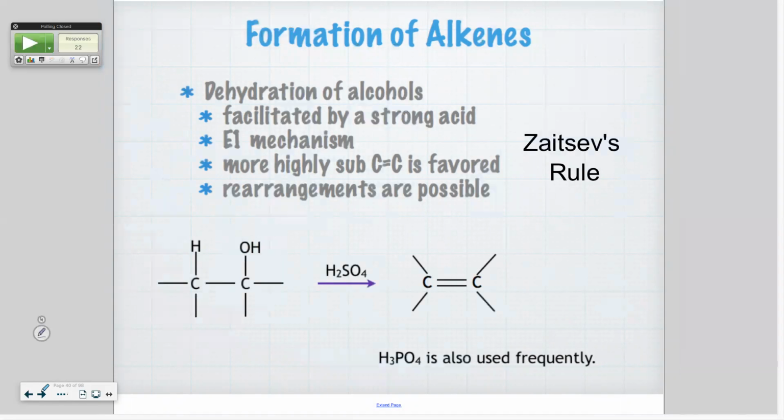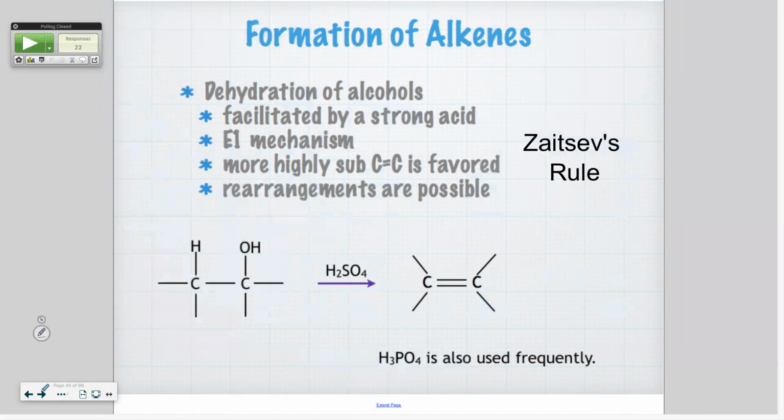Okay, the first one that we're going to do is dehydration of alcohol. So what do you think dehydration means? Taking out water. Amen. You got it. Yes, we're going to lose water.